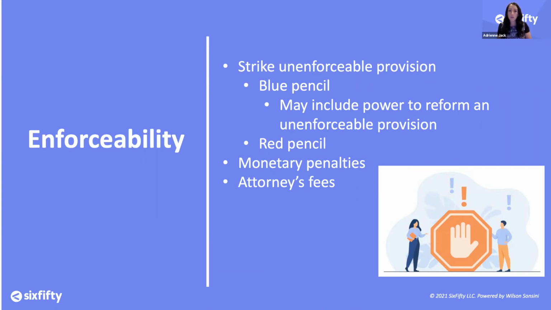In addition to striking or rewriting the unenforceable provision, there can also be monetary penalties imposed on a company, or a company might be required to pay attorney's fees to employees who strike down an unenforceable non-compete provision. And Adam will talk more about some of those penalties and the trends that we're seeing in that area.